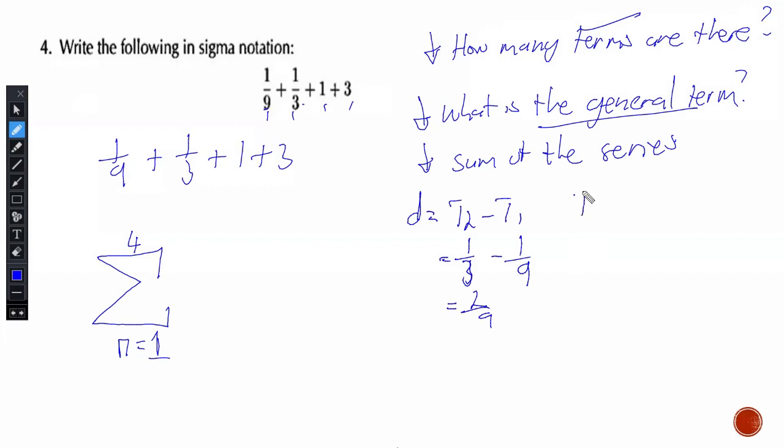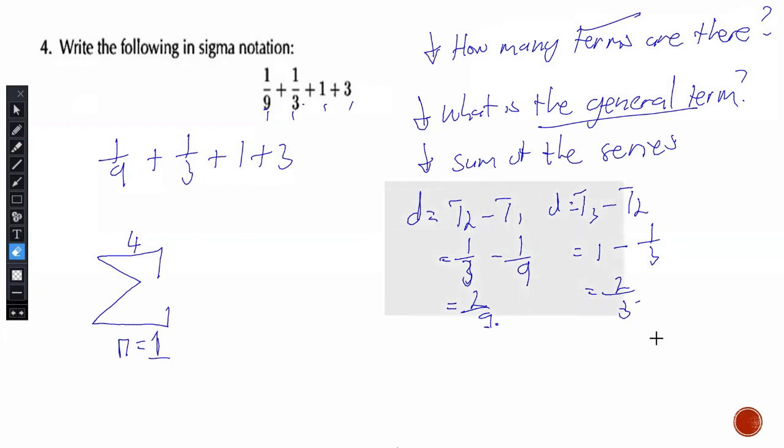Will it be consistent with T3 minus T2? If we say 1 minus 1 over 3, this gives us 2 over 3. The two values are not the same, so this is not an arithmetic sequence.